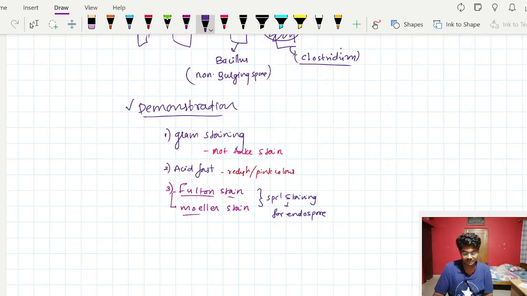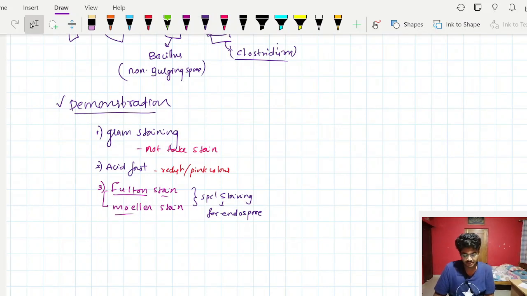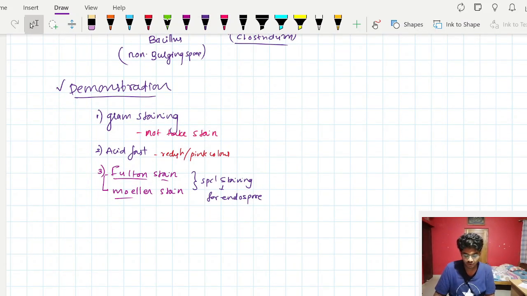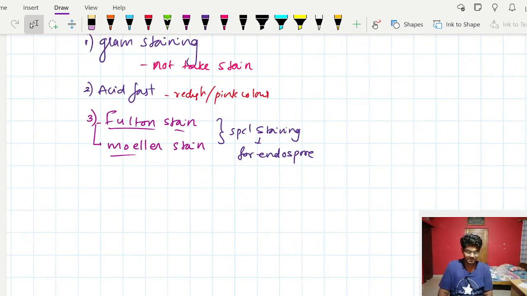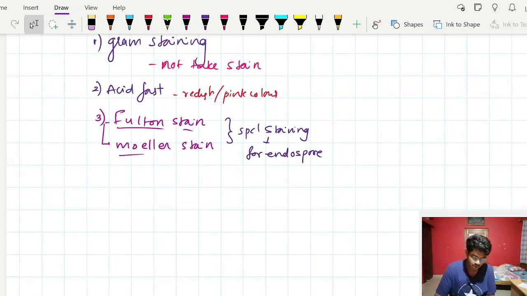So this is how we demonstrate spores by staining. With Gram staining, they will not take the stain. They are slightly acid fast positive, and there are special stains like Fulton stain and Moeller stain.